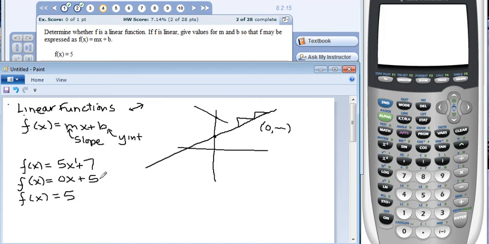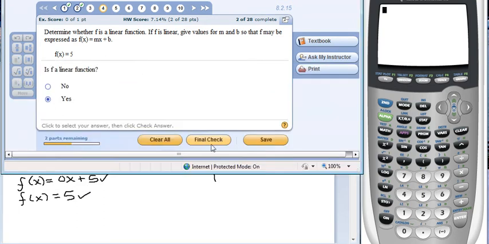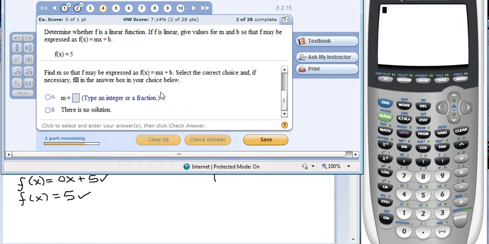So really this is another way of writing this. Those are identical, and this is in the mx plus b form. So this is linear. It's definitely a linear function. It's a very specific type of linear function though. When I write it this way, remember m is the one that sits in front of the x, m is going to be a 0 in here.